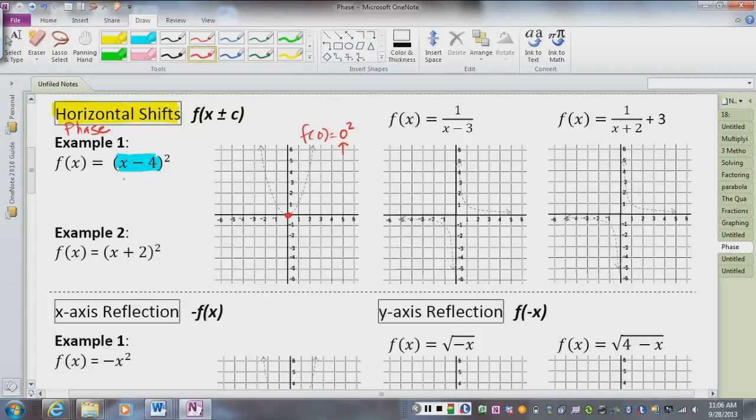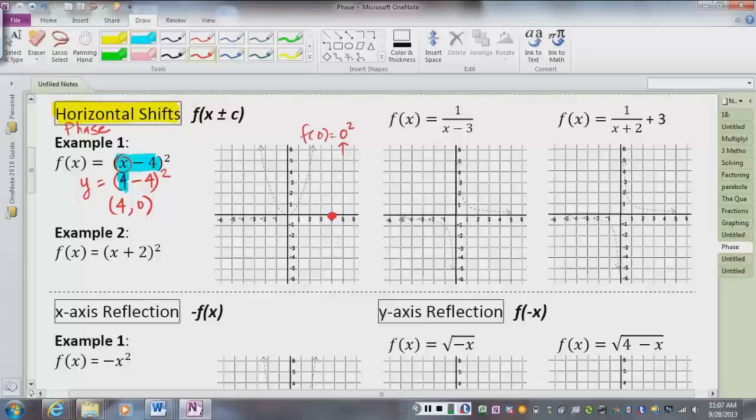Well, I know that if x is positive 4, then my y value is going to be 0. That gives me the location of my vertex. My vertex is located at positive 4, 0. Well, graphing that puts my vertex right there. We've shifted it off of the origin and moved it to the right 4 spaces.